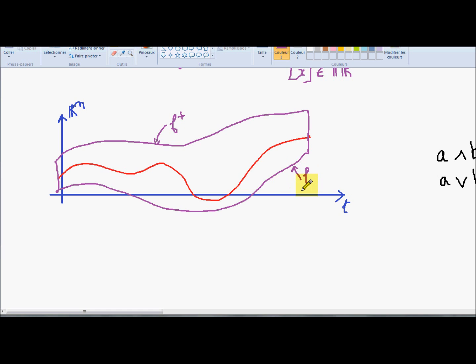And this trajectory, which is most of the time the unknown trajectory, corresponds to F. So in this case, I will be able to write that F belongs to the interval F minus and F plus.